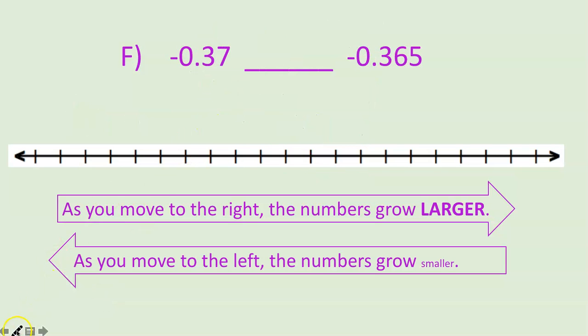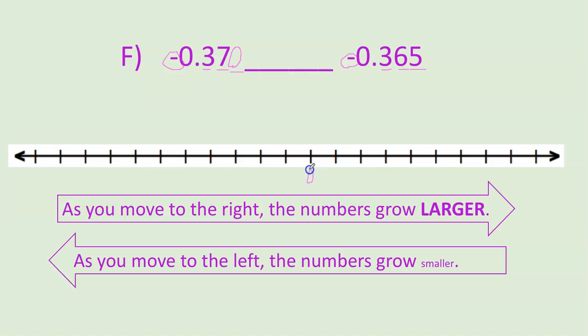All right, so I'm going to use the easier comparison where I just add a 0 so that they both have 3 decimal places. And 370 is larger than 365. Now it gets a little bit confusing because now we're looking at negative numbers. So I'm saying that in terms of absolute value, 0.370 is larger than this 0.365.